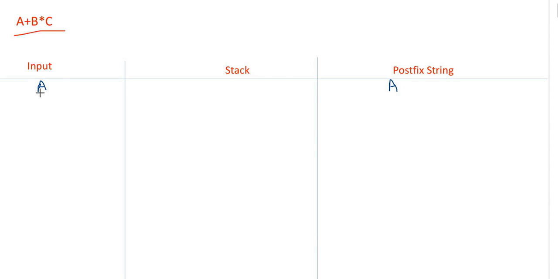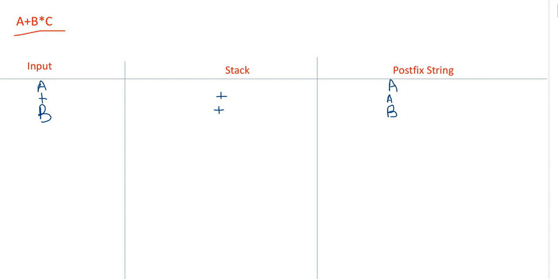After that plus: in the case of a, our stack is empty, so the input plus will be pushed into the stack, and our postfix expression has a. Then b will be put, and our stack has plus, and b is an operand, so it will go into the postfix string.